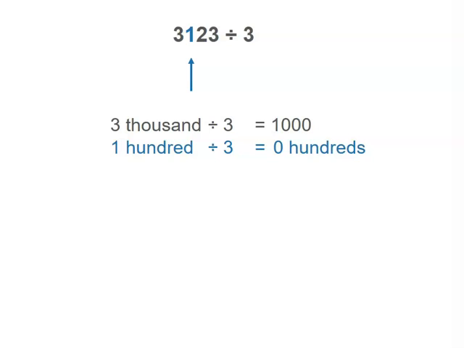Now, what we can do though is think of that 100 as 10 tens, and together with the 2 tens, we can have that as 12 tens and work with that. So 12 tens divided by 3 equals 4 tens. If we had 12 tens, we could give 3 people 4 tens each, which is 40.